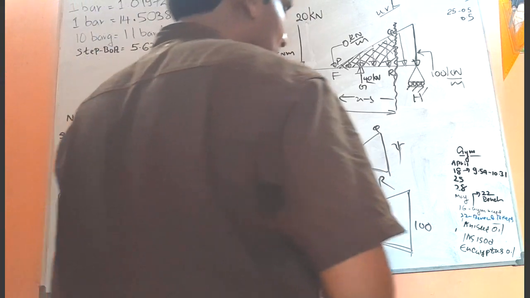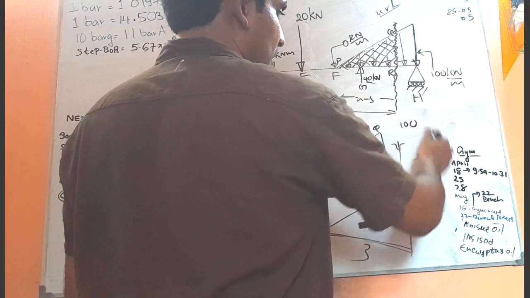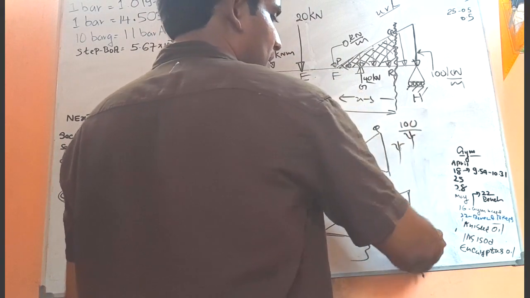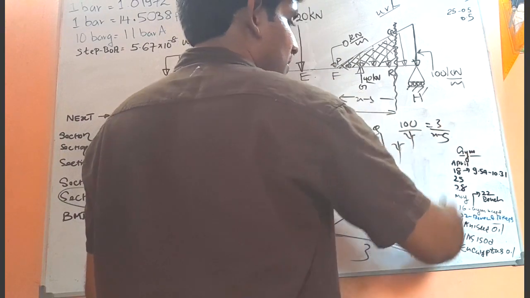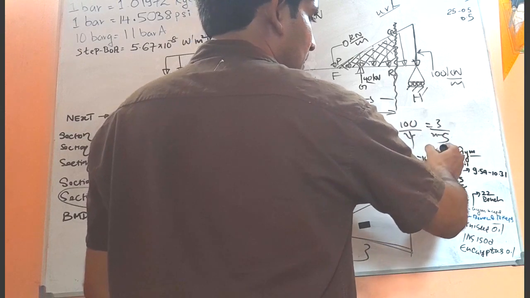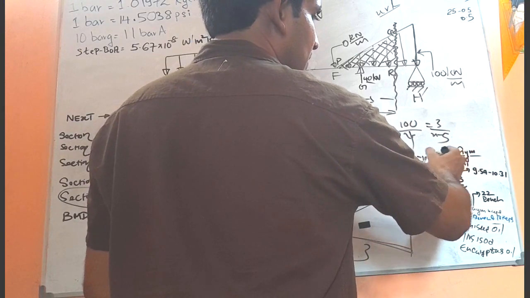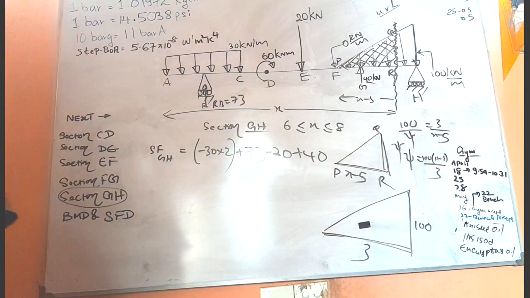So now we are going to use some small theorem. This is how we define that. 100 divided by 5 equals 3 divided by X minus 5. So this unknown 5 equals 100 times X minus 5 divided by 3, because we need to find that in order to evaluate this load.